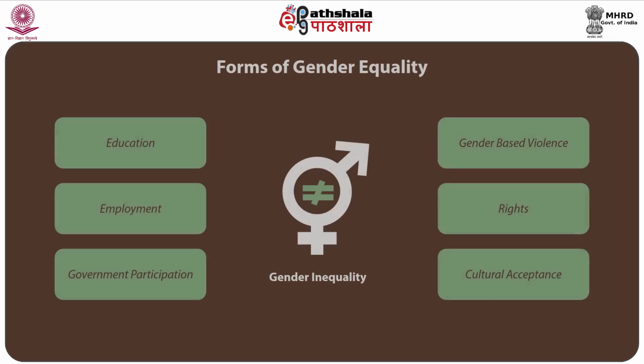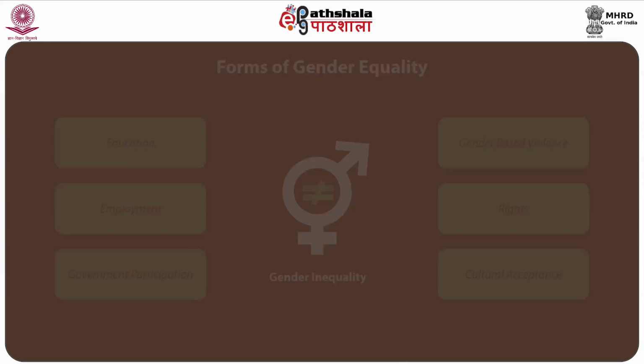There are different forms of gender inequality, as we have already seen in the different slides, but here, if you look at this particular slide, we have put six bullet points on either side of the gender inequality concept. Particularly if you look at the right side of this slide, the first important form of gender inequality is gender-based violence.